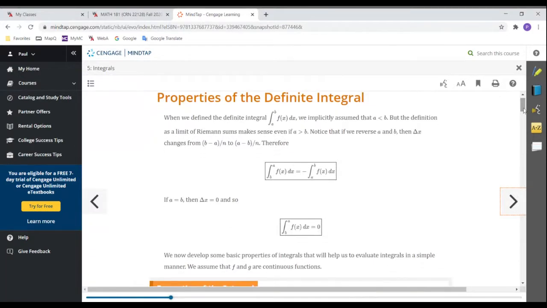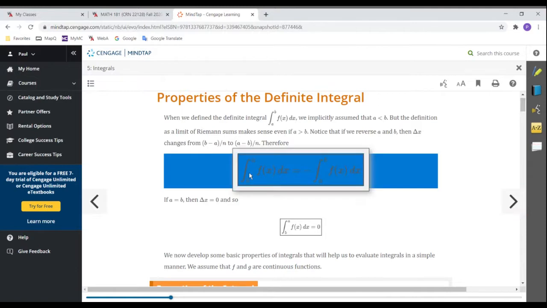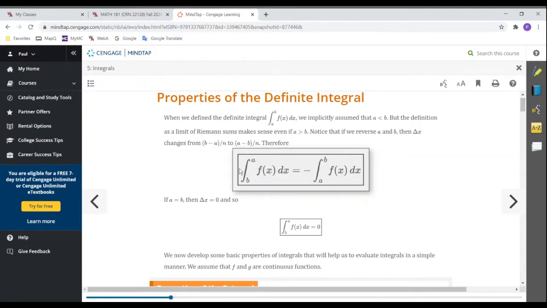Okay, so look at this first property here. The integral from b to a of f of x dx is equal to negative the integral from a to b of f of x dx.